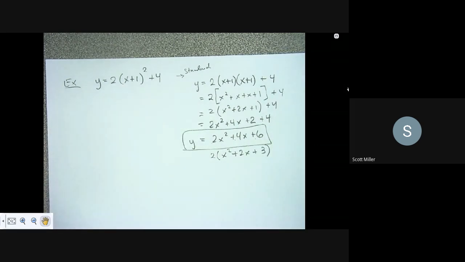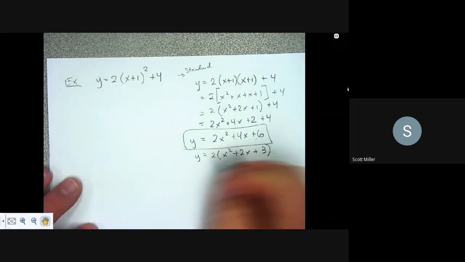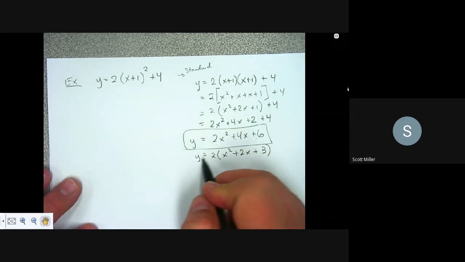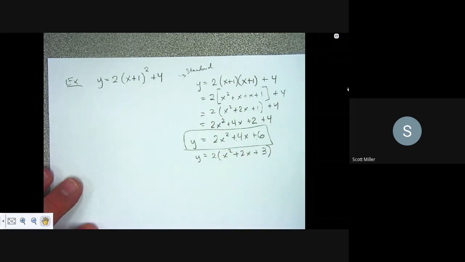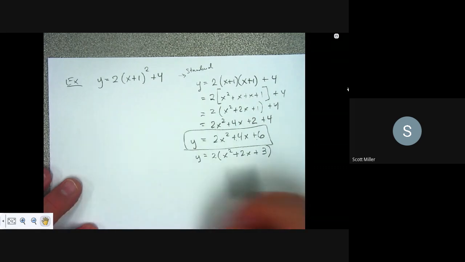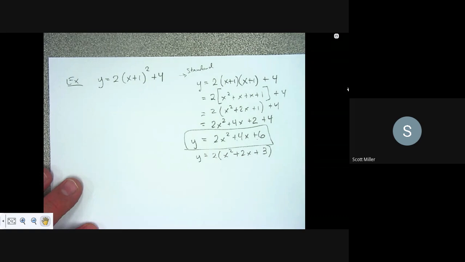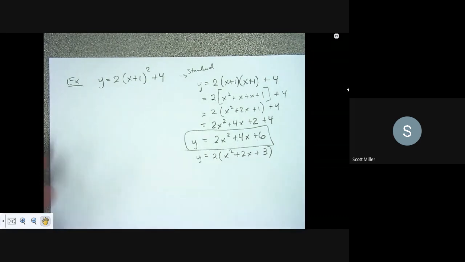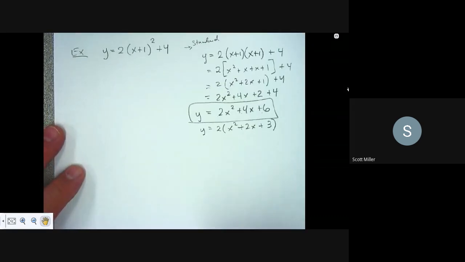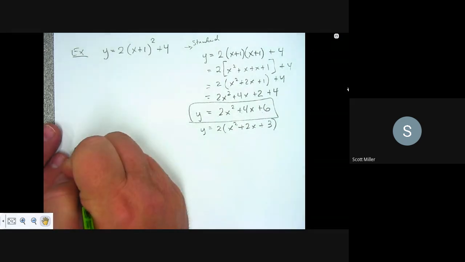So we are unable to factor this more to be able to find the x-intercepts at this time. I will show you how to do this at a later date. So this one we cannot factor anymore, so we cannot put it into factored form. Okay, it happens, but as we go along, we'll be able to remedy that problem in a little while.